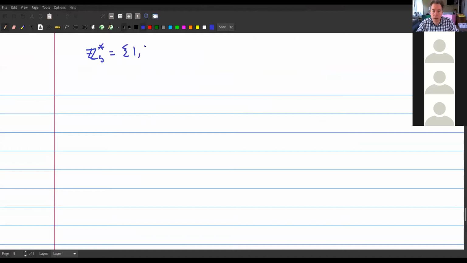So this is 1, 2, 3, 4. Every number here has an inverse. So what does it mean to talk about 3 inverse? Whatever this number is, it has the property that 3 times 3 inverse is congruent to 1 mod 5. So this is the inverse of 3 mod 5.